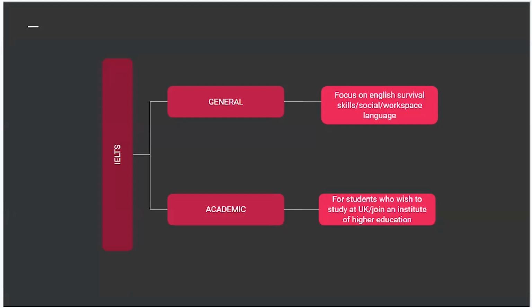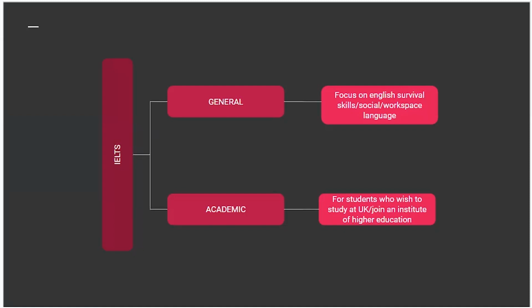IELTS is basically divided into two, that is, the general and the academic IELTS. General IELTS focuses on English survival skills, social or workplace language, and is a test for someone who is willing to work abroad.